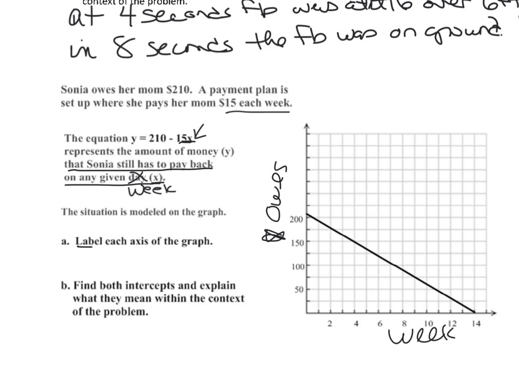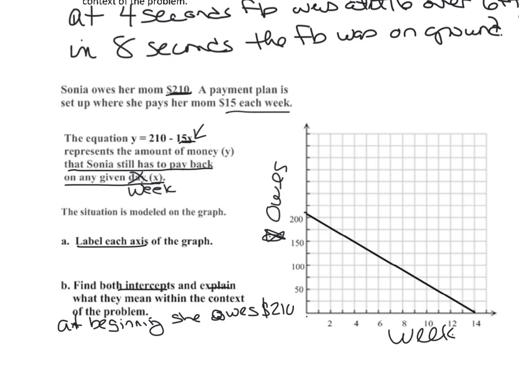Label each axis, we did. The dollar amount owed and the week. It says find both the intercepts and explain in real world. All right, so at 0 weeks, so at the beginning, she owes a little over 200, and in fact our word problem tells us $210.